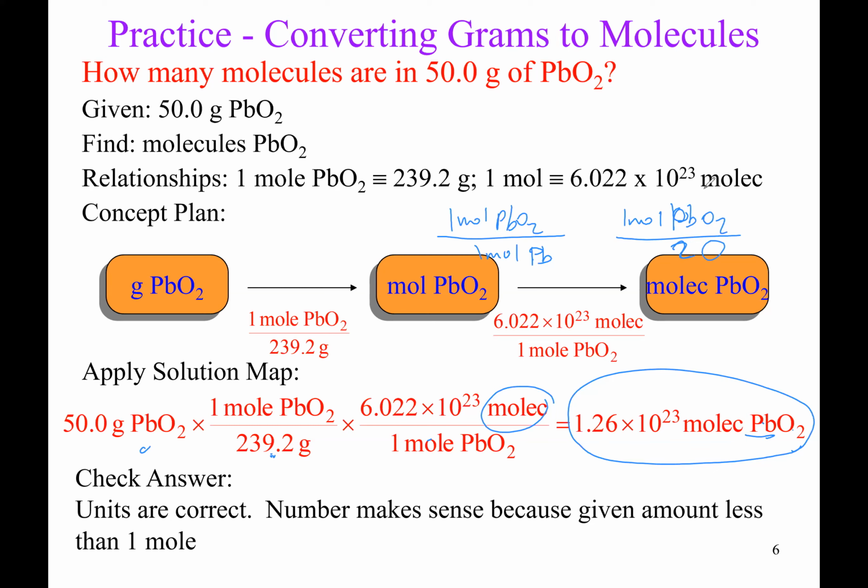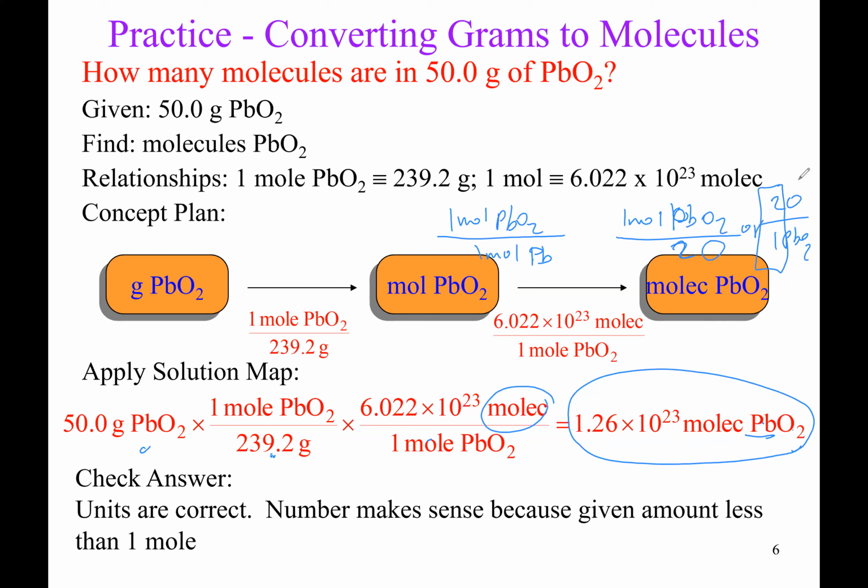And then with this ratio, you can also say 2 oxygen per 1 PbO2. So this ratio is what you are using to go to the moles of the atom, or the number of particles of the atom.